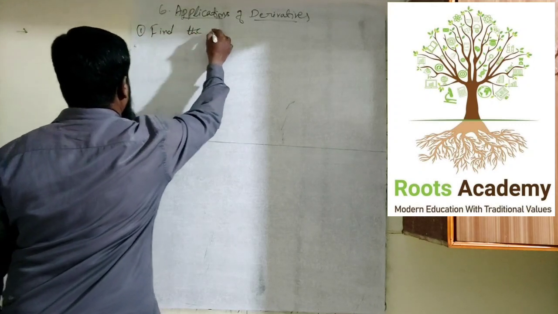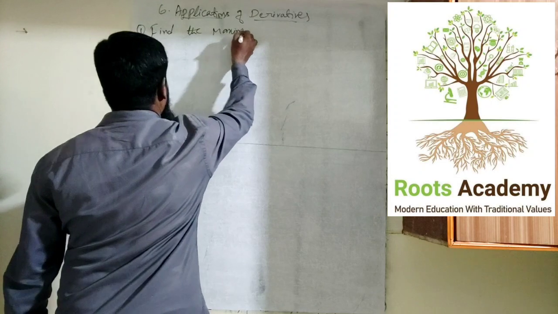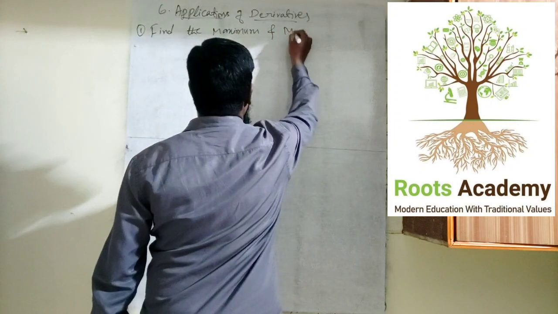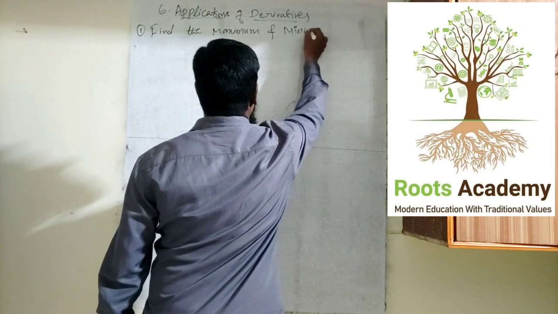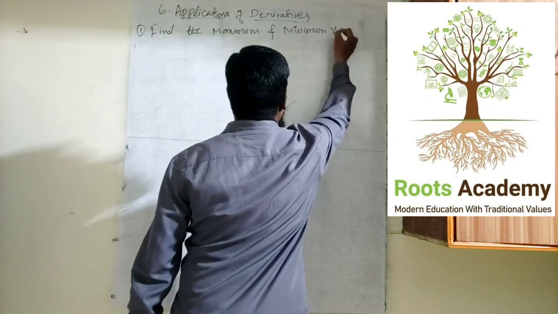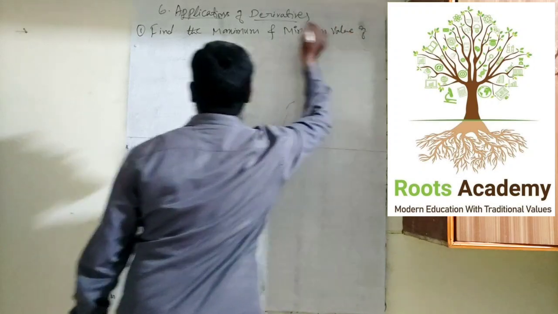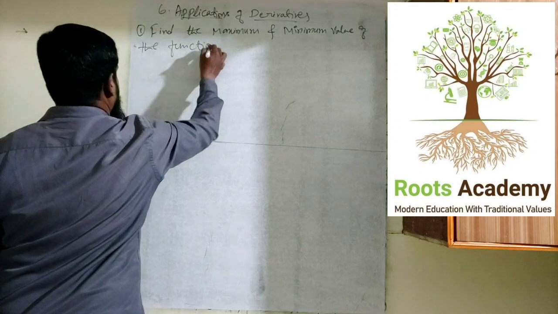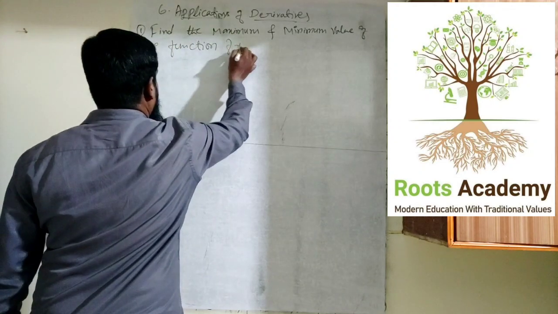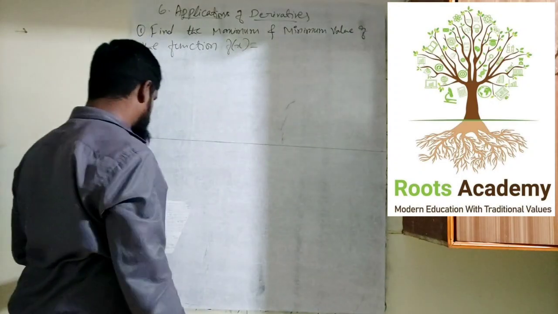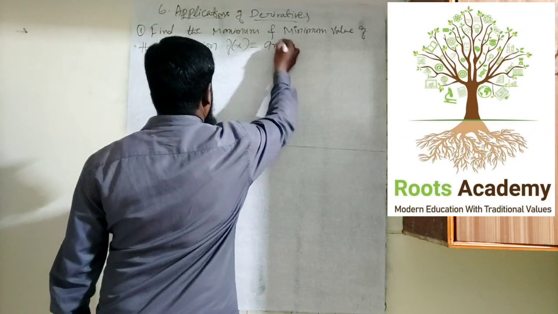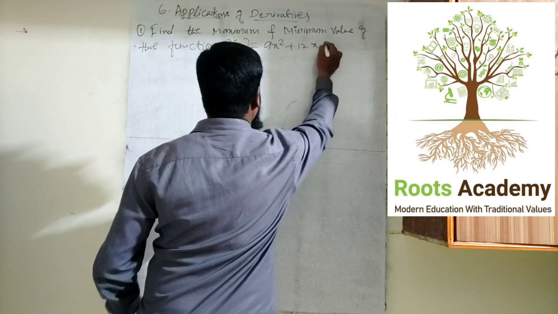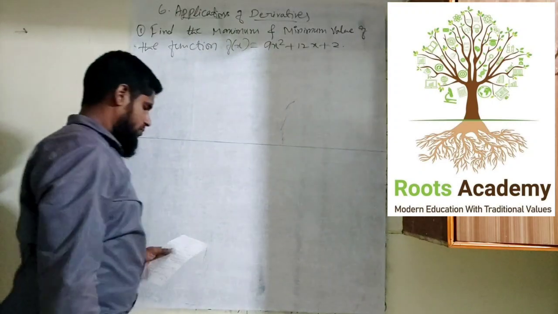Find the maximum and minimum value of the function f of x is equal to 9x square plus 12x plus 2.